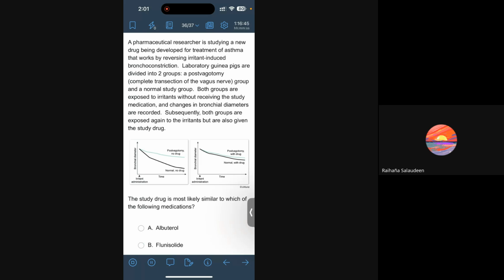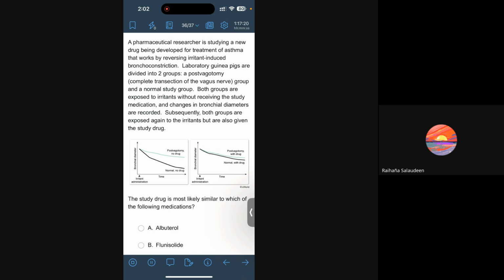You can see that when you did not do the vagotomy and you add only the drug, you will see bronchodilation. When you cut off the vagus nerve, you will still see bronchodilation, but that bronchodilation will be the same as the one you get without the vagotomy and only with the drug.